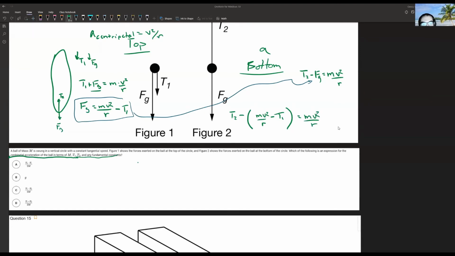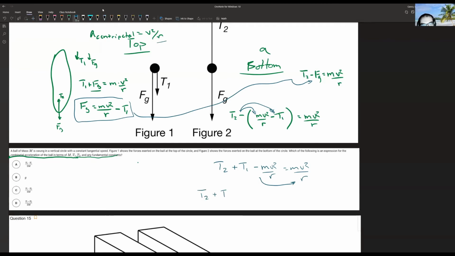So let's go ahead and distribute this. We distribute this guy, and we get T2 plus T1 minus mv squared over r equals mv squared over r. And so we can move this over to the other side. They want us to get the centripetal acceleration, v squared over r.